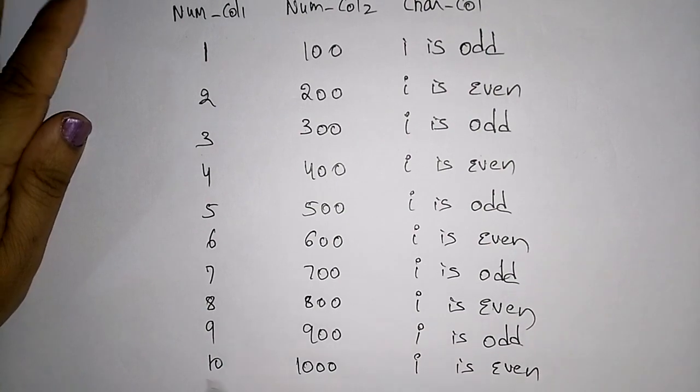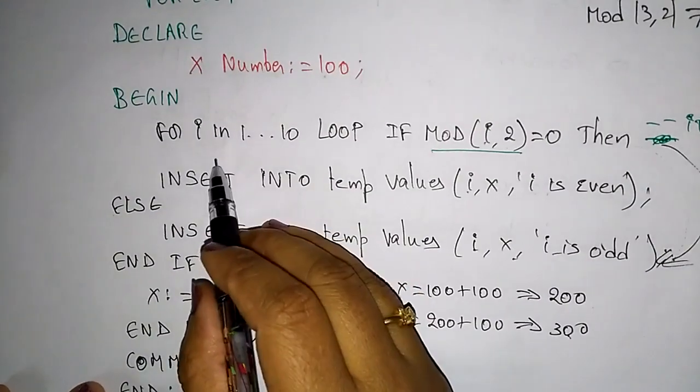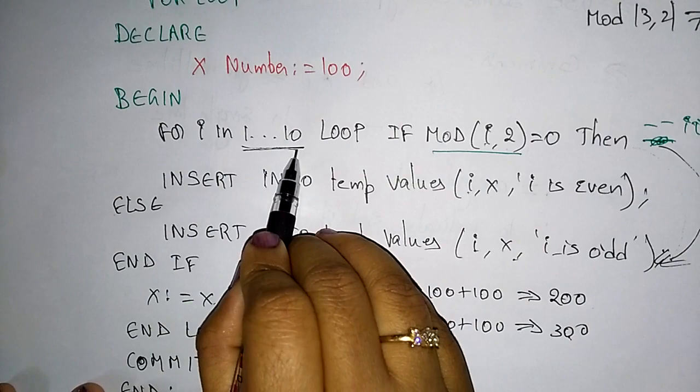Why did it end after 10? Because the for loop continues up to 10 numbers, 1 to 10.